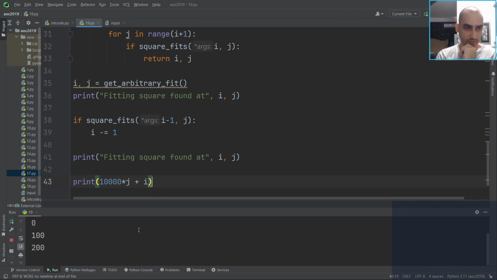I don't think it's possible for there to be a... unless I've made something really wrong about this assumption, but I think it's sort of integrally convex, in which case, as long as you increase this square outwards, the first time you find a fitting square, you only have to check left or up, or left up.